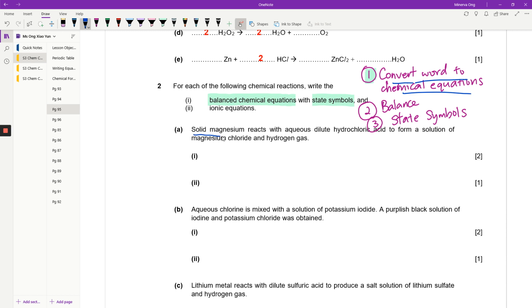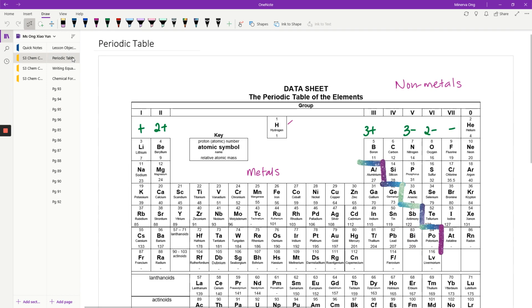So solid magnesium, okay, look at the periodic table, you can find Mg. Aqueous dilute hydrochloric acid. Aqueous, we'll deal with that later on when we do the state symbols. So HCl. The product formed is magnesium chloride. Magnesium chloride you need to work out from the periodic table.